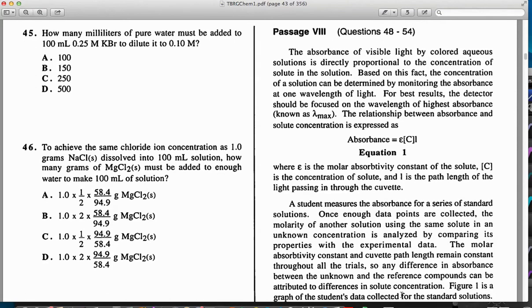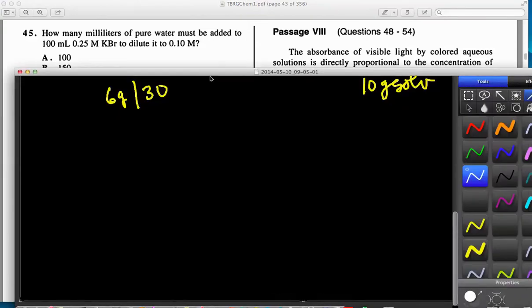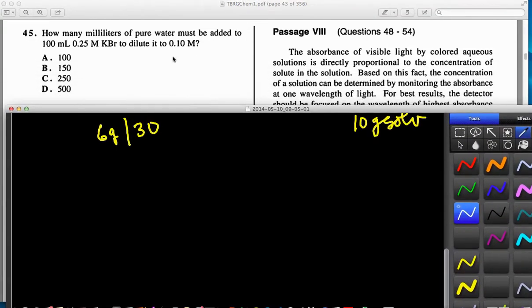Okay, now this is a nice MCAT question. Basic math question. How many mils of pure water must be added to 100 mils of 0.25 molar KBr to dilute it to 0.1? Be careful here. It doesn't look like they're really trying to trick us up a whole lot. So, here's how I do this.